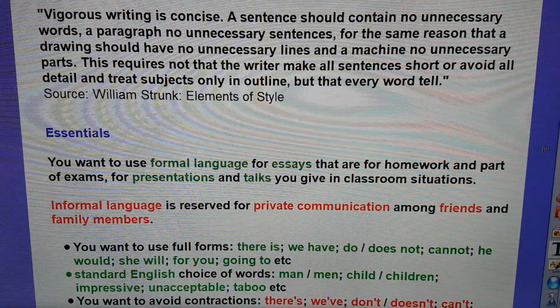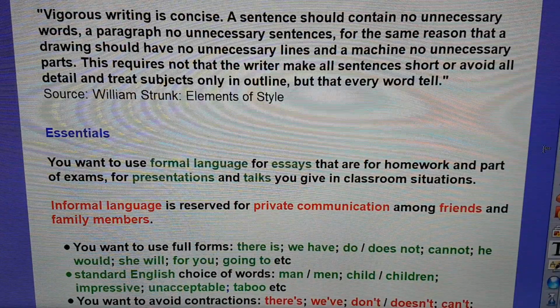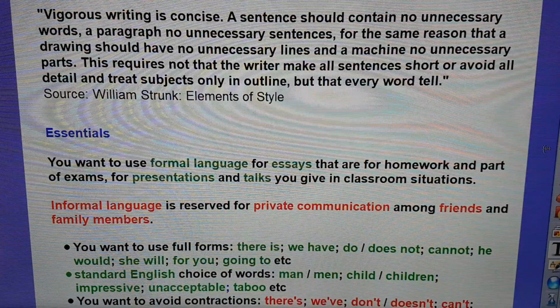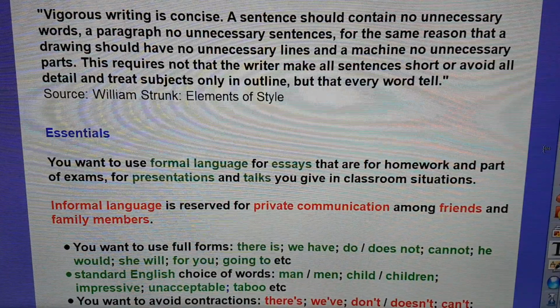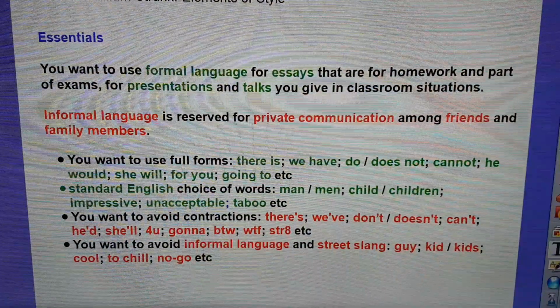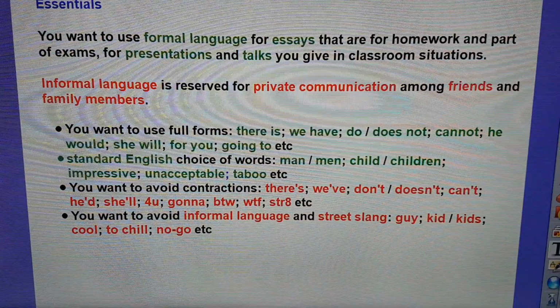Okay. So, now that you know what this video is going to be about, and that is vigorous writing and concise writing, let's move to the first part, to the essentials.